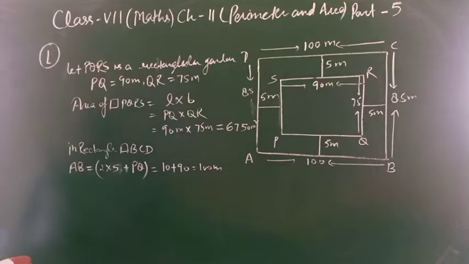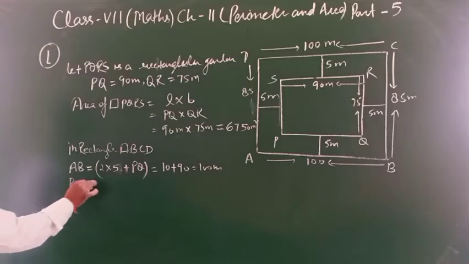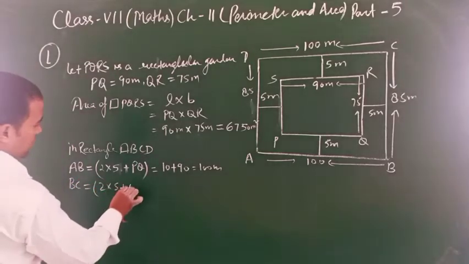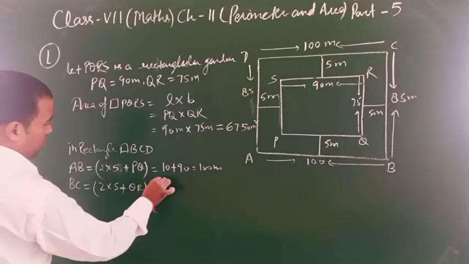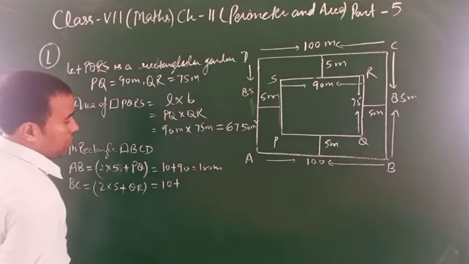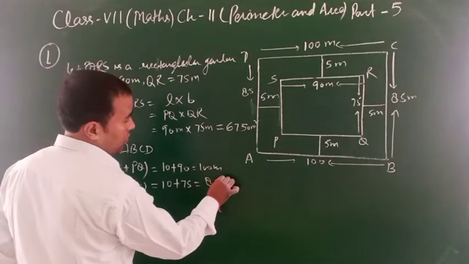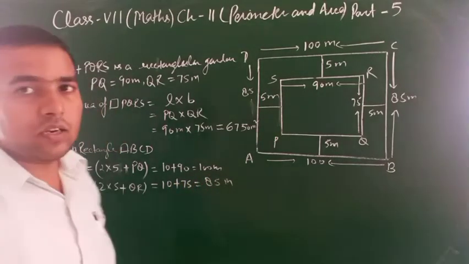Then length of BC, 2 into 5 plus QR, 10 plus 75, 85 meter. Clear?